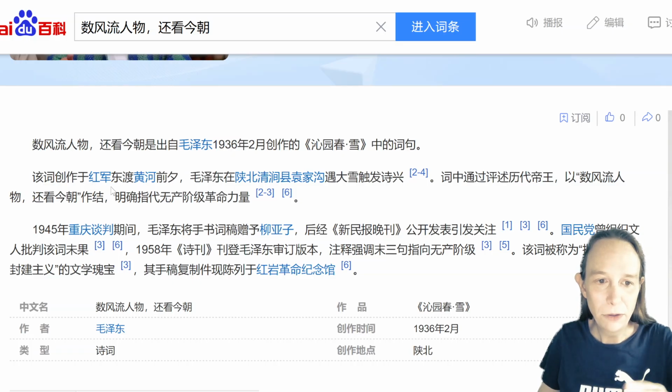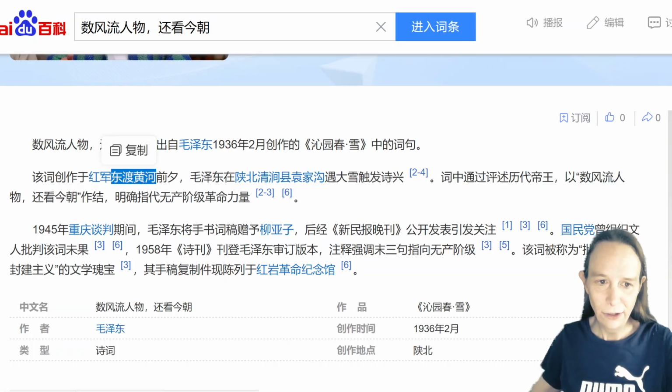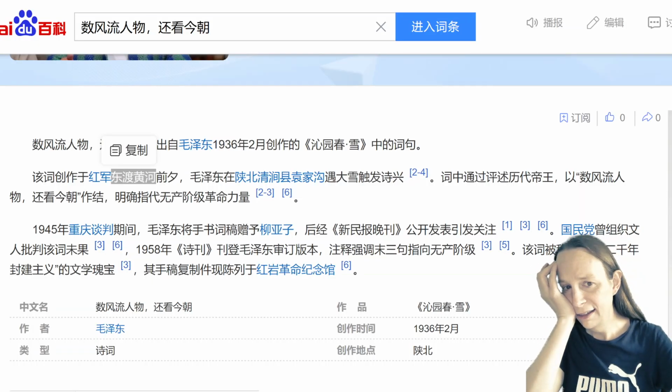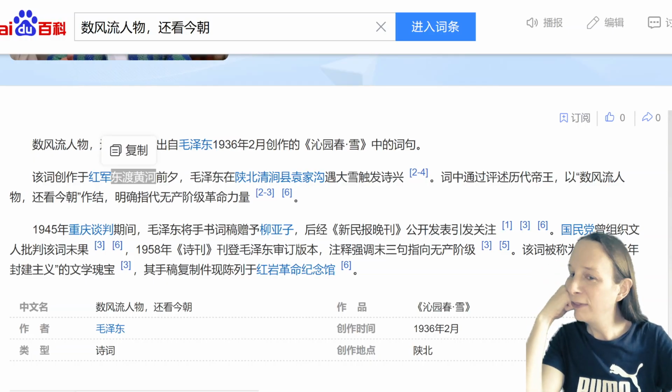Okay, 创作于红军 东渡黄河前溪. Is this a place name? I don't know. Or oh no, is this an event? 东渡黄河. So this is crossing the Huanghe River from the east or something.